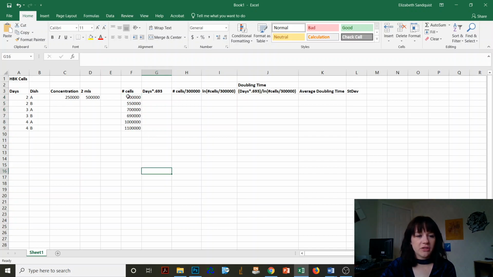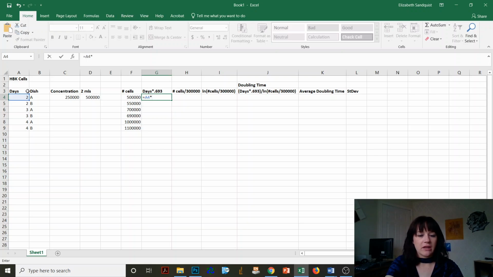In each dish, you're going to take the number of cells and you're going to multiply that, the number of days those cells were in culture, and multiply that by 0.693, right? So for example, for here, I would say equals, this dish was in culture for 2 days, times 0.693, right?